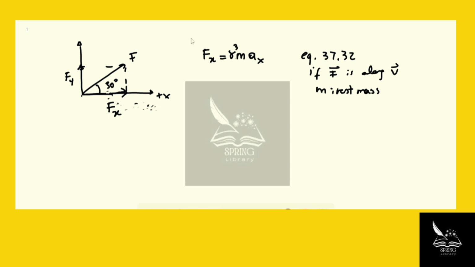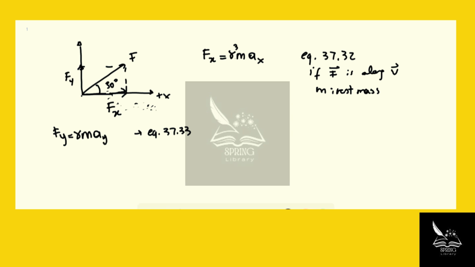This is what is happening in the x direction. However, in the y direction, this is independent of the direction of the velocity vector. So again, equation 37.32 tells you the force is going to be gamma factor times the rest mass times the acceleration in that particular direction. So we have two different components to figure out.